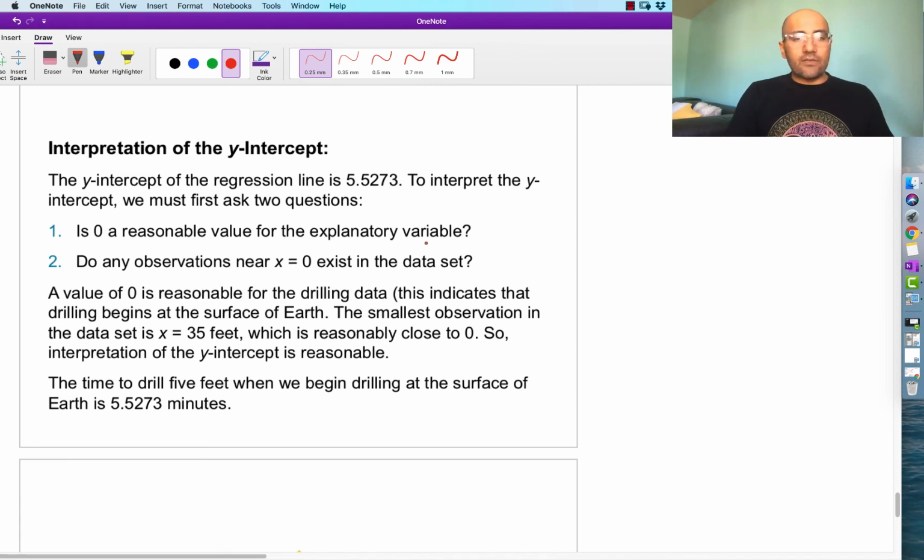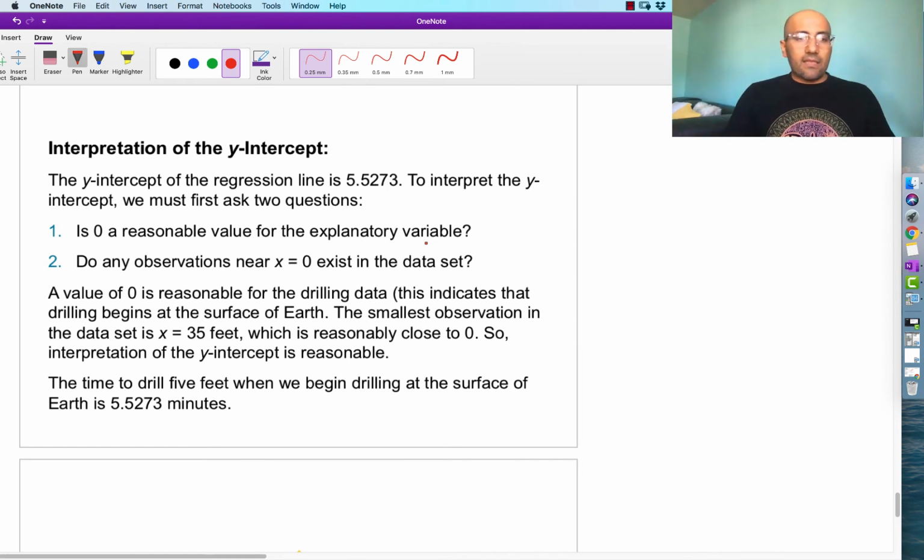How long does it take you to drill an additional 5 feet starting at an X level of depth? So 0 would just be the surface. So it would make sense in this case that it is a valid coordinate point. It's how long does it take you to drill 5 feet starting at the surface level.